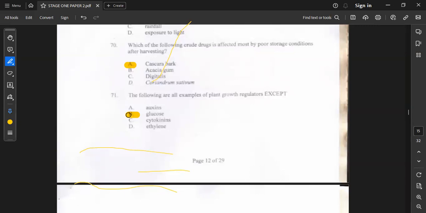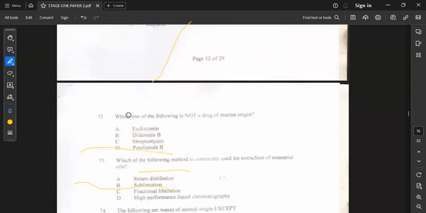Okay, I'm seeing here that jasmonate is a hormone that is associated with response to plant stress, particularly the defense against herbivores and pathogens. Okay, should we move on?